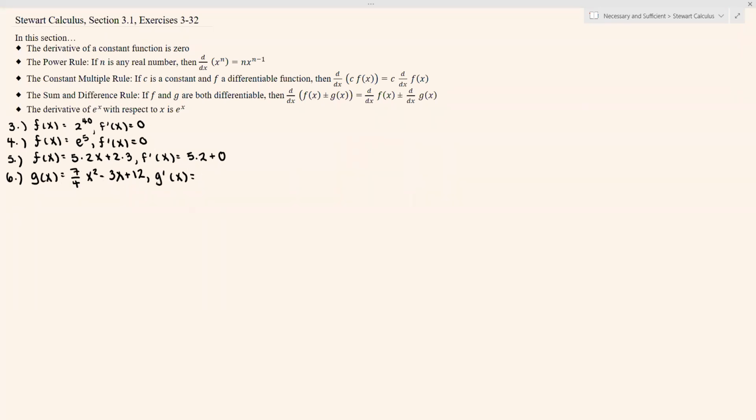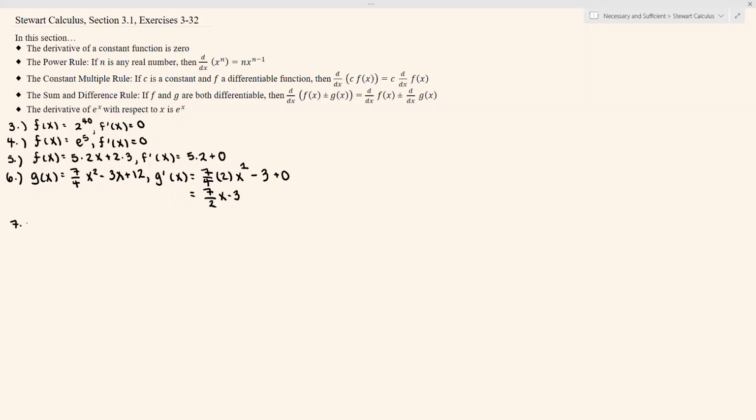The derivative of 7 over 4x squared is 7 over 4 times 2, x to the power of 2 minus 1 is 1, minus the derivative of 3x, which is 3, plus the derivative of 12, which is 0. If we clean this up a little bit, we have 7/4 times 2 is 7 over 2, x minus 3.